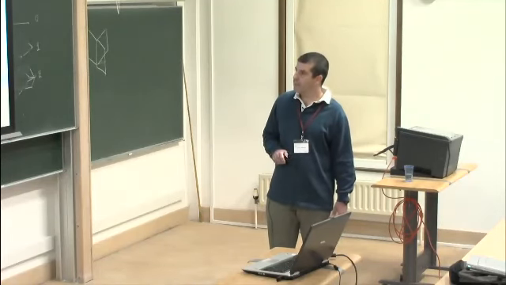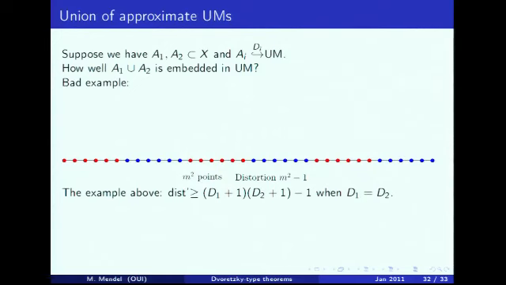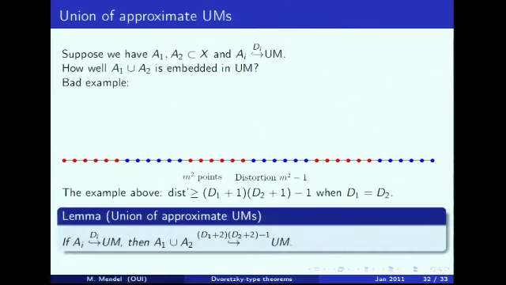But their union is just the m squared points path, which, as we saw at the beginning of the talk, has distortion of at least m squared minus 1. This is an example in which, if you start with distortion D1 and D2, you get (D1+1)(D2+1)-1. In this example, D1 is equal to D2. What we showed is this is actually almost tight in general. For any two sets with distortion D1 and D2, their union is approximate ultrametric up to distortion (D1+2)(D2+2)-1.